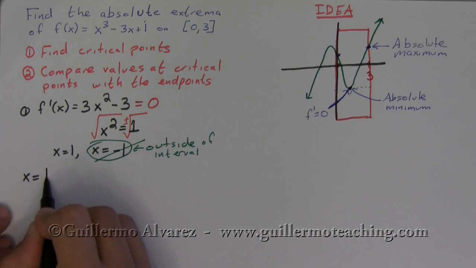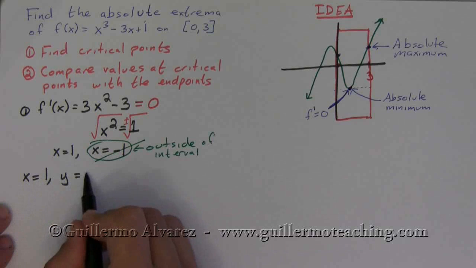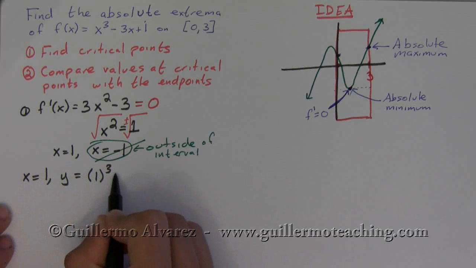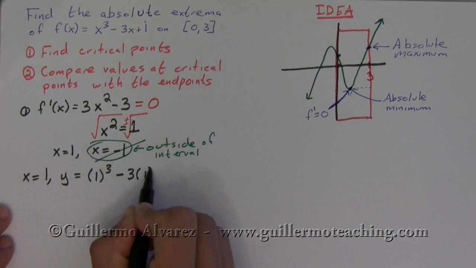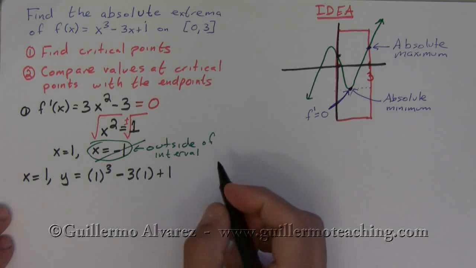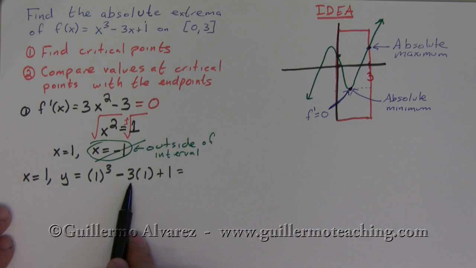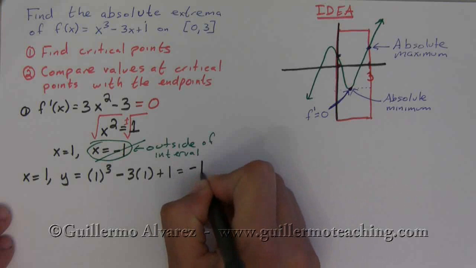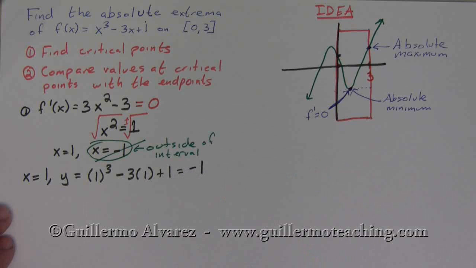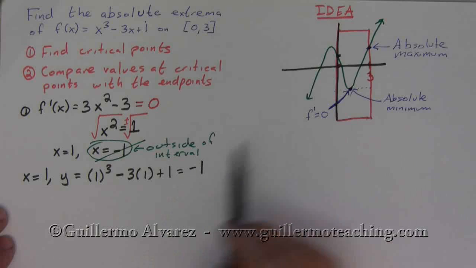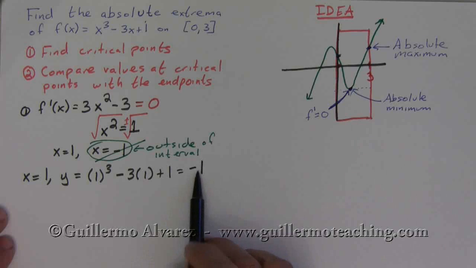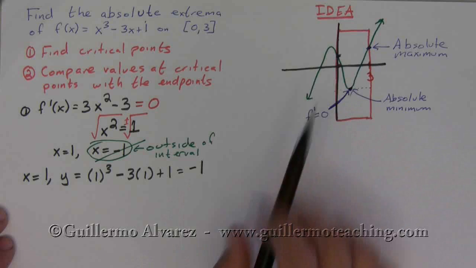So when x equals 1, y equals 1 cubed minus 3 times 1 plus 1. And so this is equal to 1 minus 3 is negative 2, plus 1 is negative 1. Okay, and then remember, our idea is that we compare this value with the endpoints.